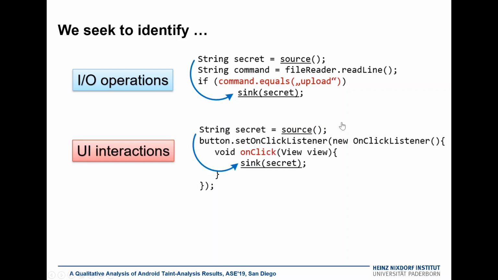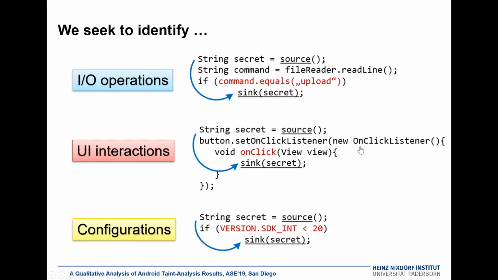Secondly, we would like to identify how taint flows are dependent on UI interactions, since Android provides a rich set of user interfaces. Thirdly, because Android apps are highly configurable, we would like to understand how taint flows are related to this configuration, such as environment settings like platform version or internet connectivity, and so on.